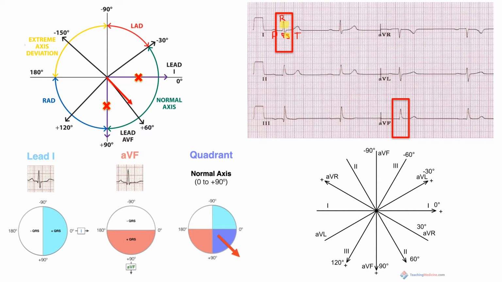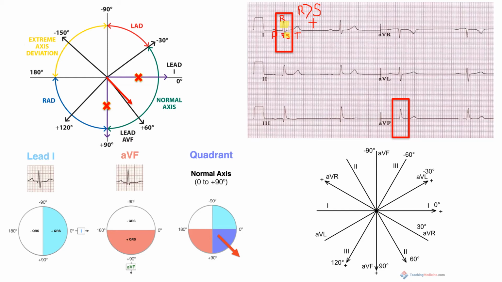When the amplitude of your R is larger than your S, we say that this is going to lead to a positive deflection, and your electrical vector is going to be pointing towards the positive side.